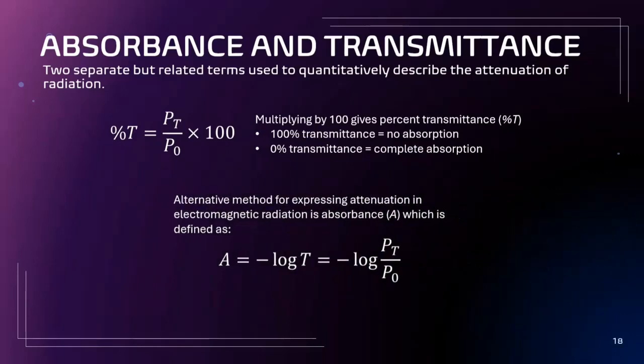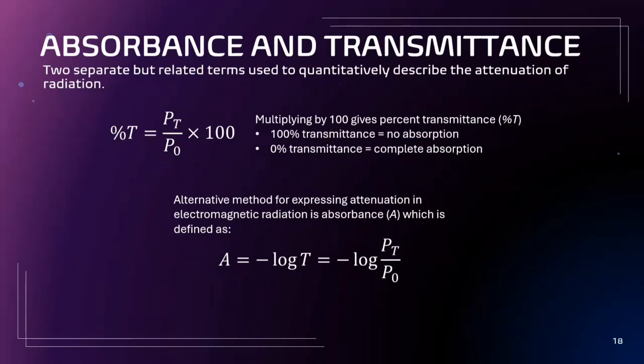Lastly, an alternative method for expressing the attenuation of electromagnetic radiation is called absorbance, or A, which is defined as A equals the negative log of transmittance, or negative log PT over P naught.